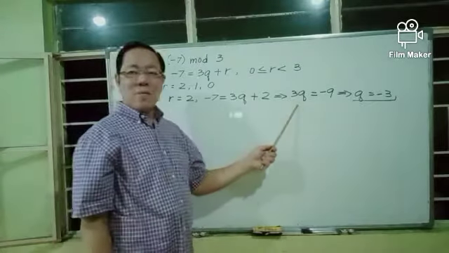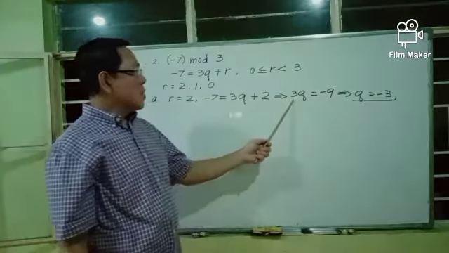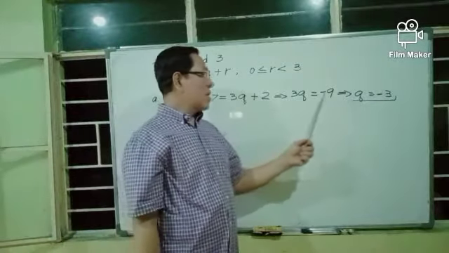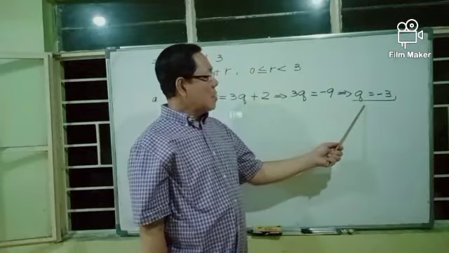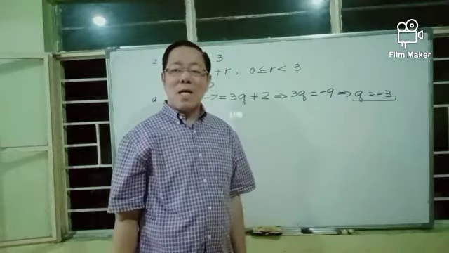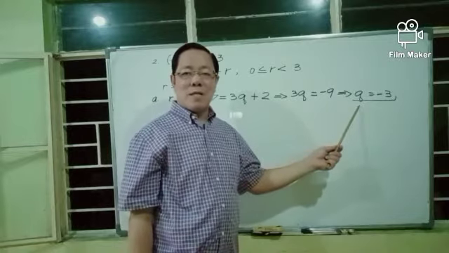Dividing both sides of this equation by 3, we get 3q divided by 3 is q, and negative 9 divided by 3 is negative 3. Negative 3 is an integer, so this value of the quotient q is acceptable.